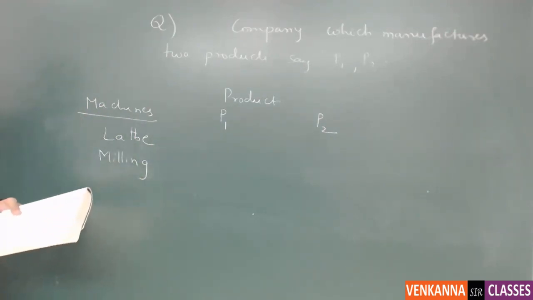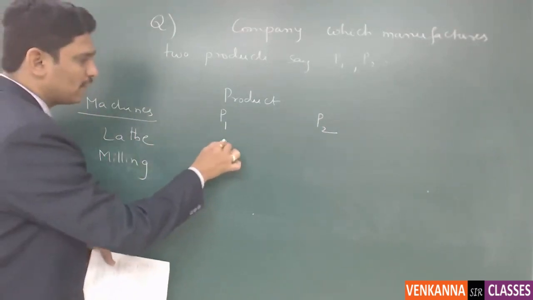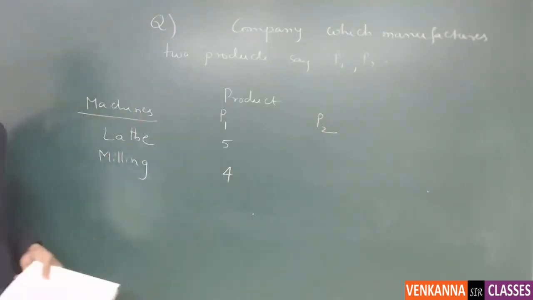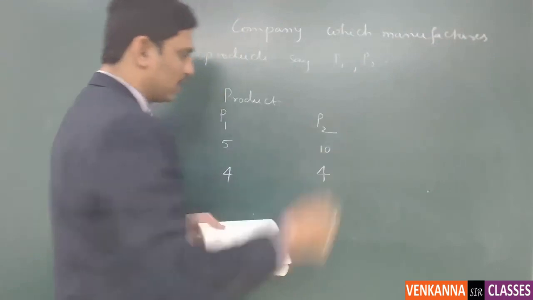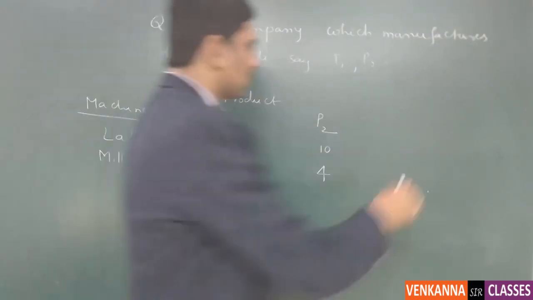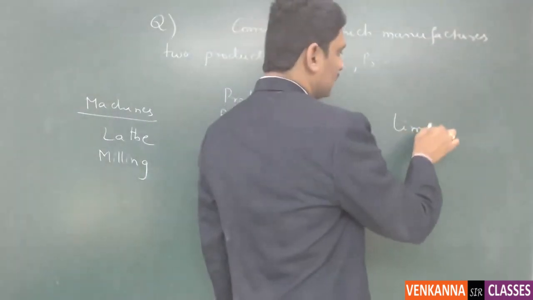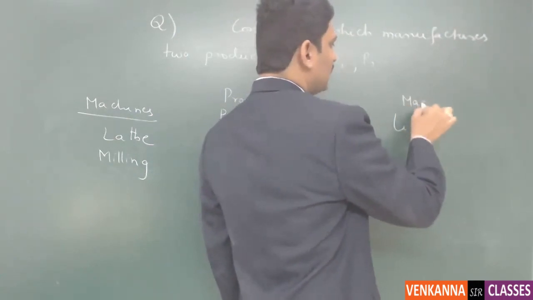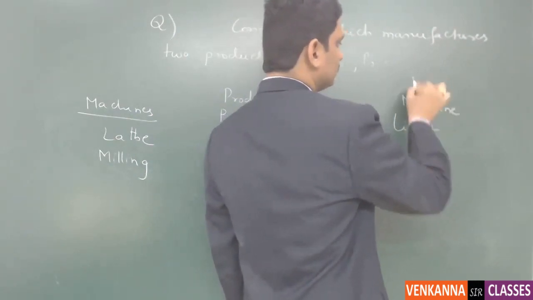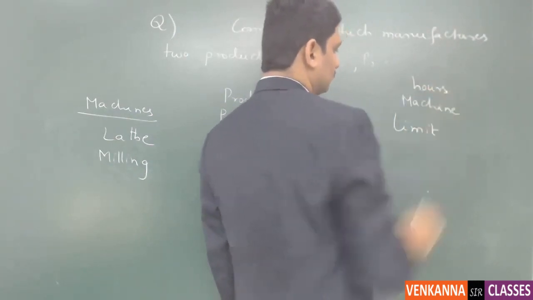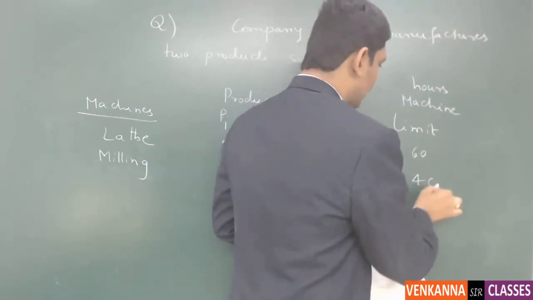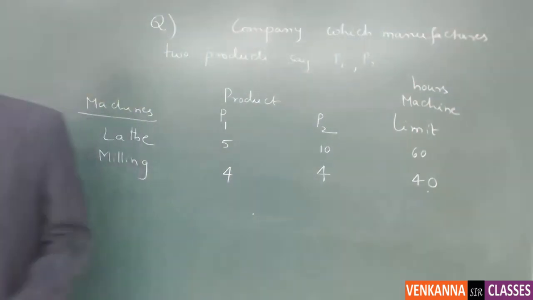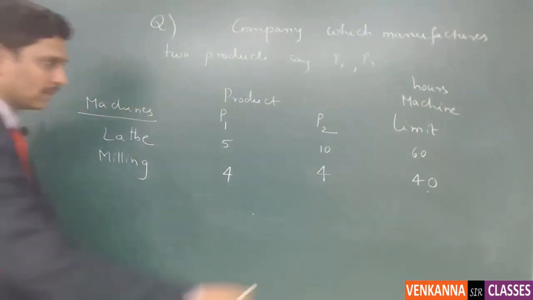The time taken is 5 hours and 4 hours for one, and 10 hours and 4 hours for the other. The machine hours limit is 60 for the first and 40 for the other.